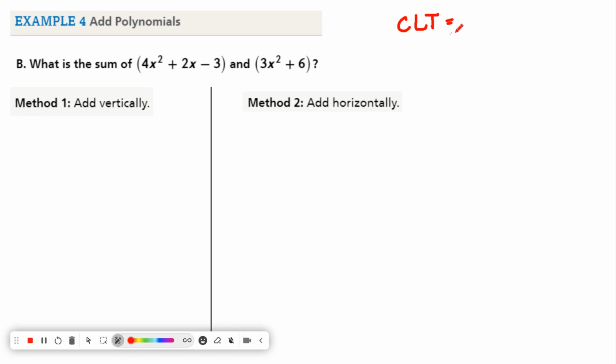And remember, CLT stands for combine like terms. So this is very important, right? So combine like terms.